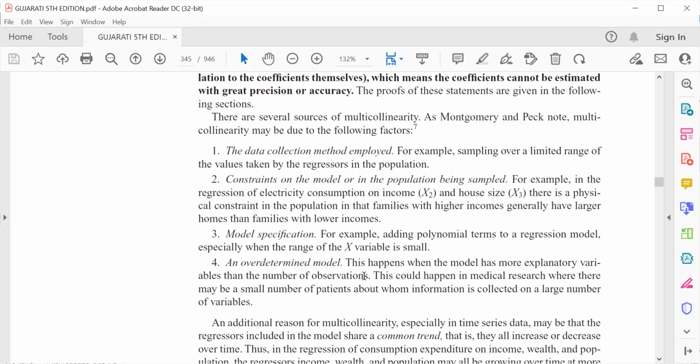For example, okay, here. So why do I ask you to have a large sample size?